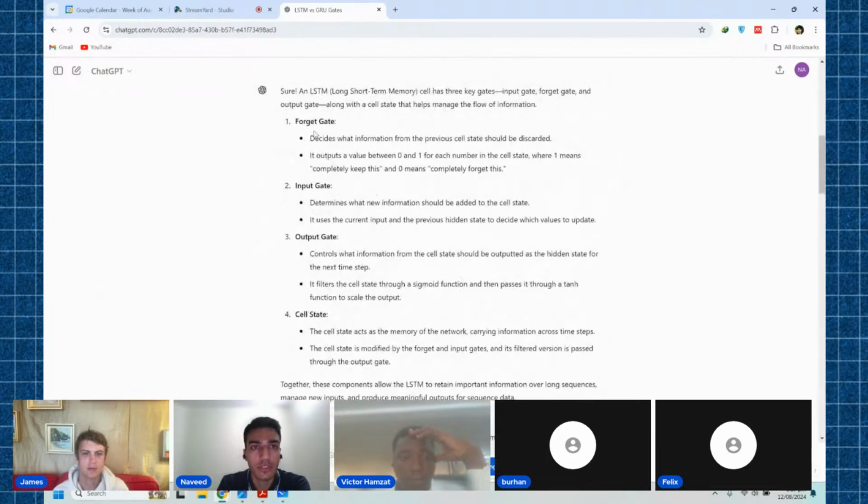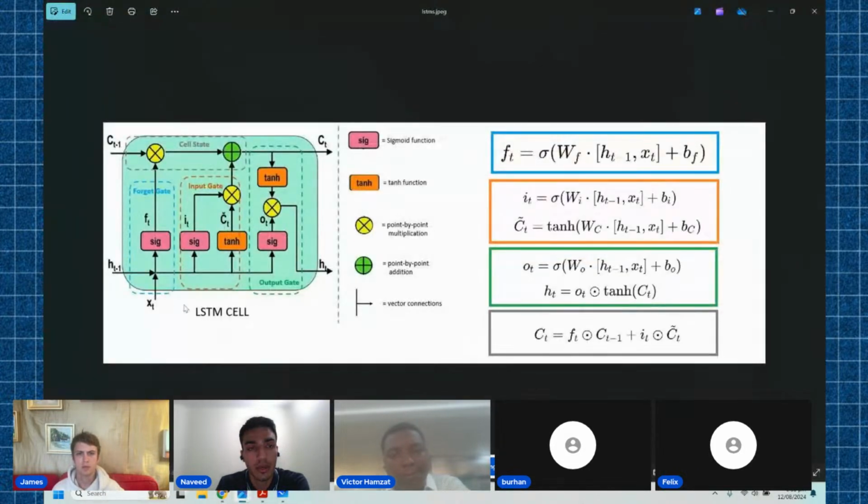Yeah, so we have these different gates. Let's see, what is the forget gate responsible for? The forget gate decides what information from the previous cell state should be discarded. The previous cell state is nothing but that feedback connection which I was talking about. I represented it using AT, but here that is represented as HT.